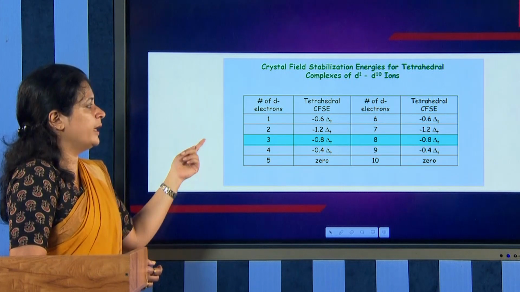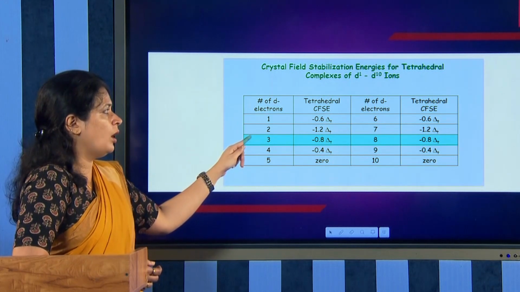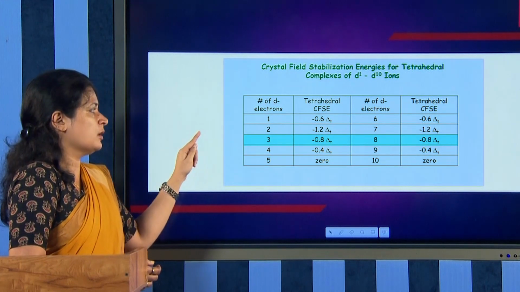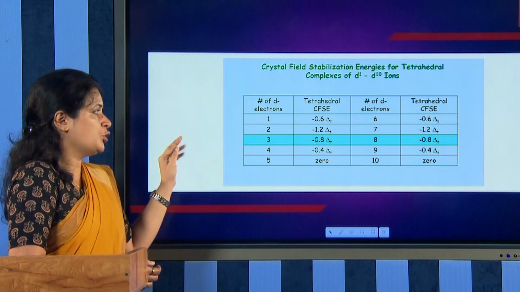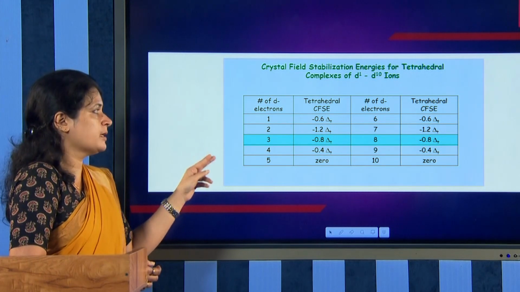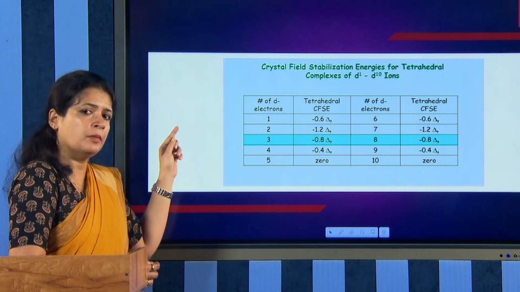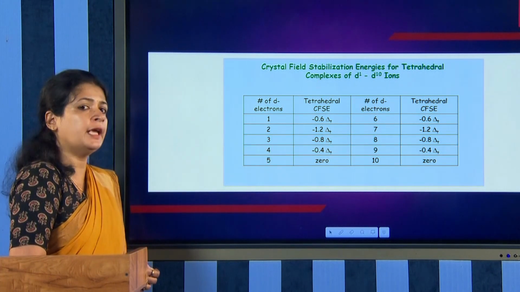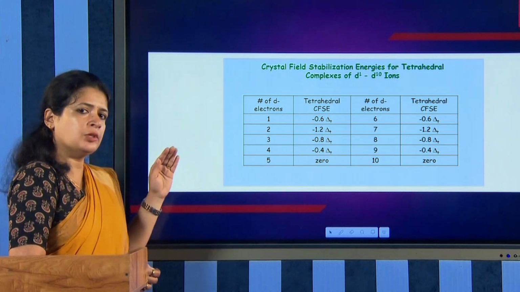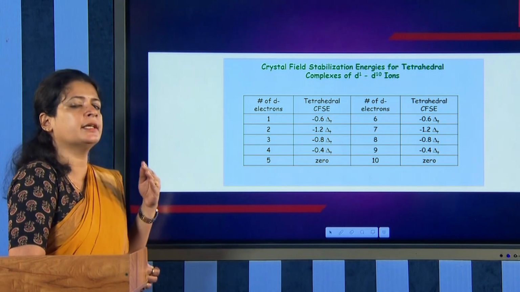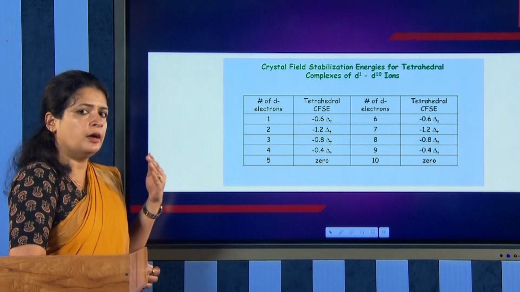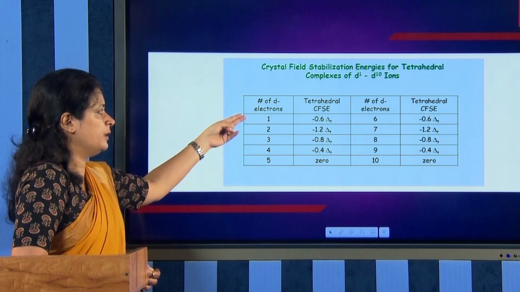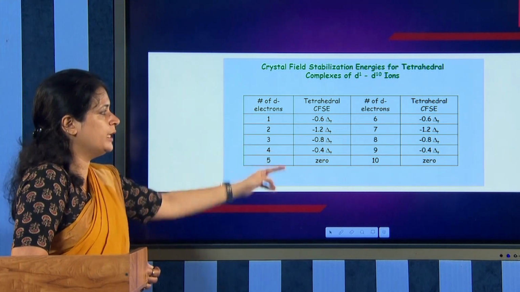So we have to calculate 2 into minus 0.6 plus 1 into plus 0.4. The answer will be minus 0.8 delta T. How to calculate all those things we have already discussed in the previous module, in the octahedral crystal field splitting. When we substitute d1, d2, d3, d4, d5 up to d10, you will get the values like this.